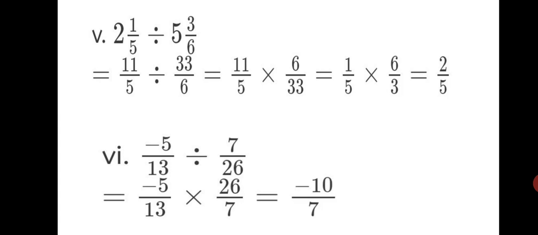Minus 5 into 2 is equal to minus 10. Final answer, upon 13 is gone and minus comes. So 1 into 7 is 7. So minus 10 upon 7 is your final answer. You can show it this way in direct steps, or you can also solve the reduction part and show it as steps.